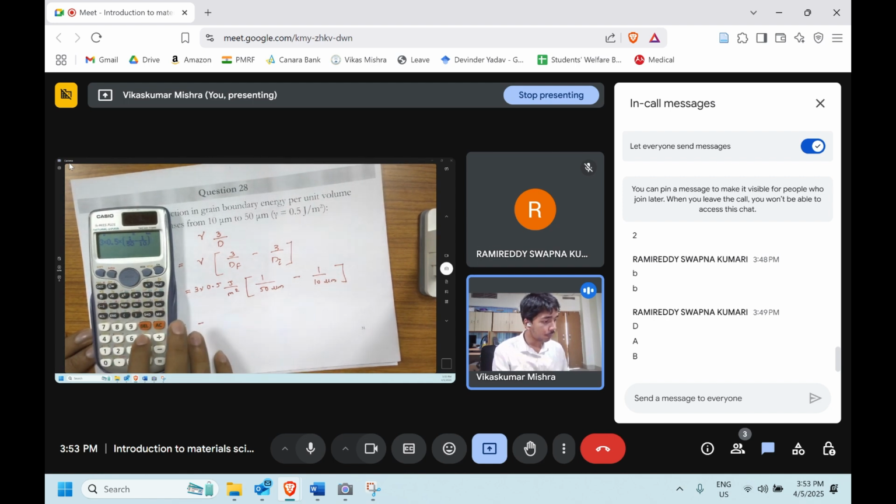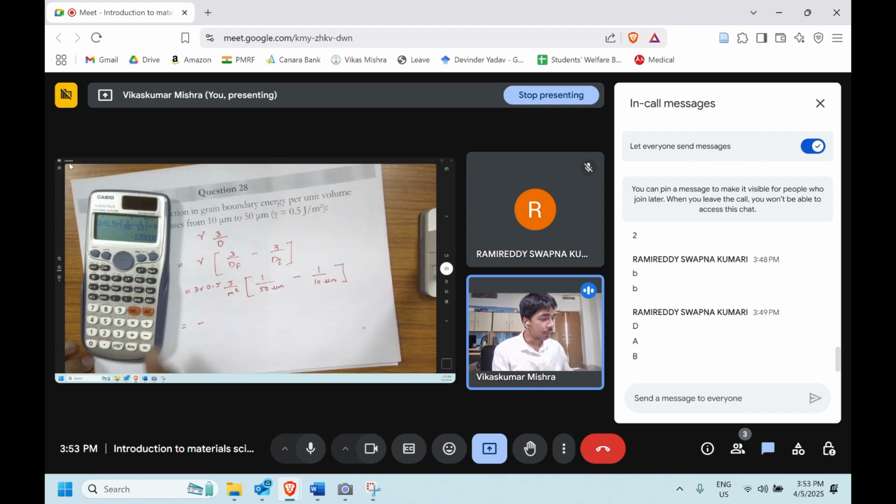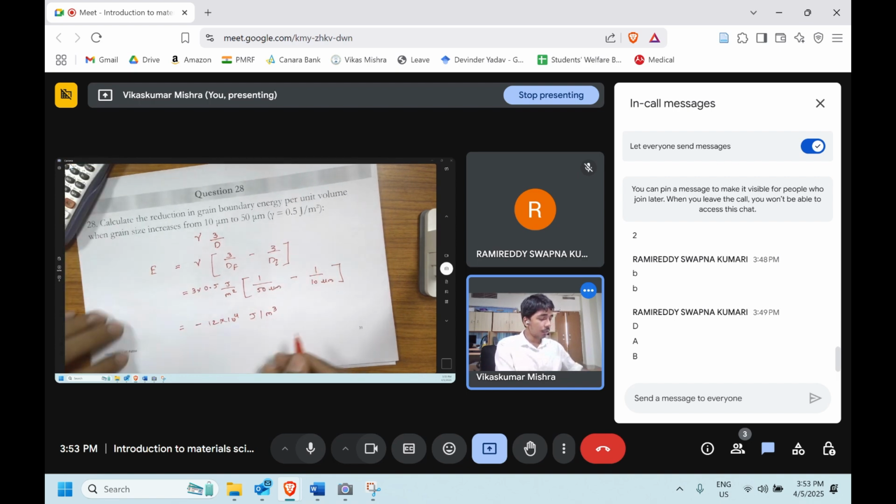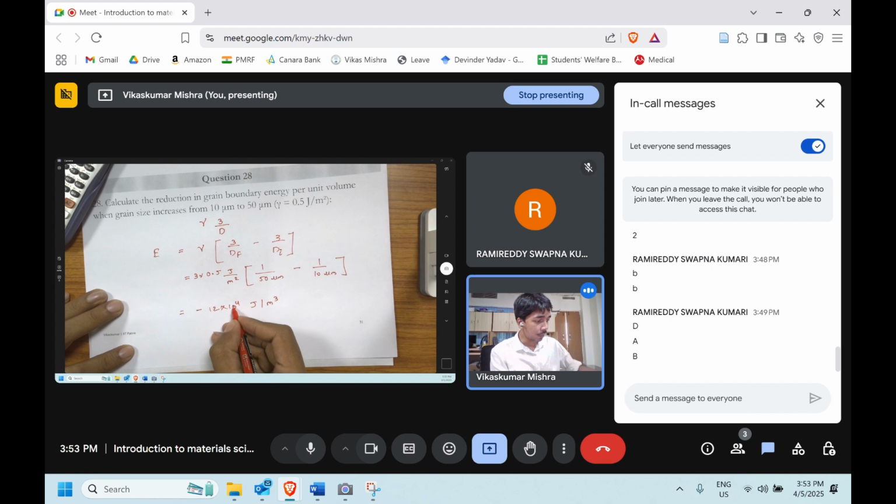If I take it to the numerator, then it will be 10 to the power of 6. So what we are getting is 1.12 multiplied by 10 to the power of 4 joule per meter cube. This much amount of energy has been released.